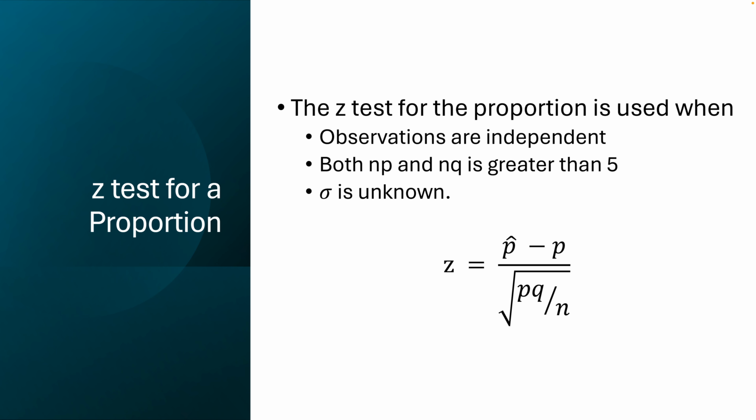So we can use the z-test for proportion. Similarly, a chi-square test is applied for the estimation of the variance as well.